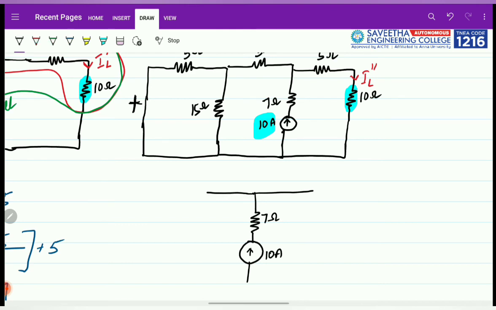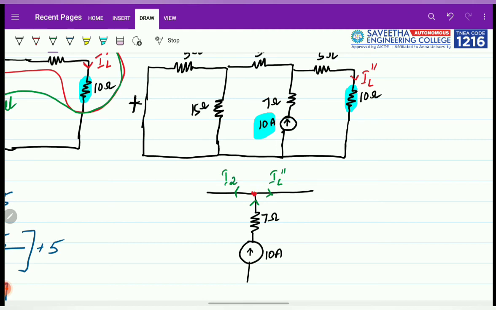One, from this point the current will be divided, that is the current which is coming out of this will be divided into two. So the one which goes here, we have taken it as IL double dash, and let me take this as I2 or some other current which is going.